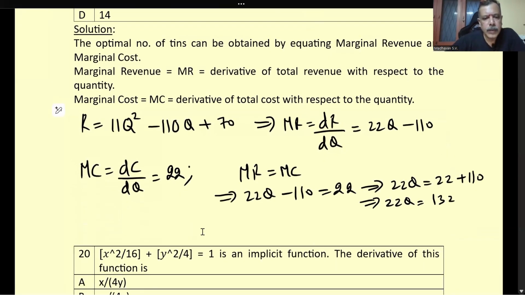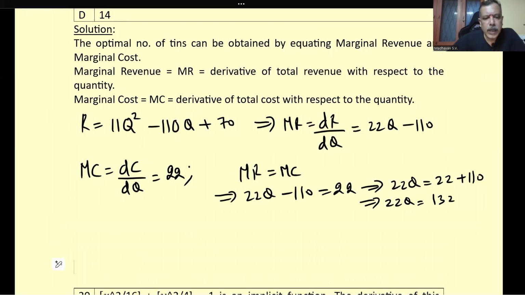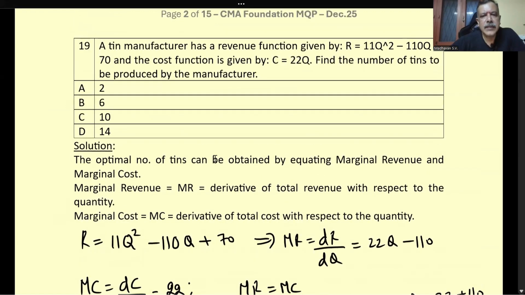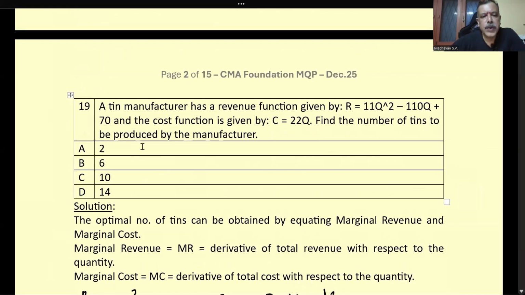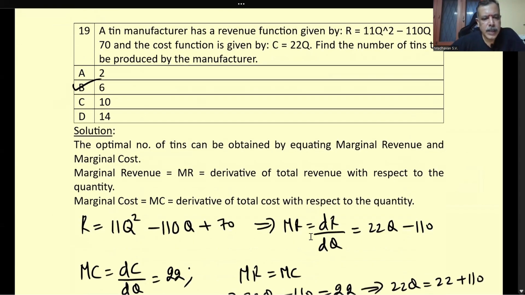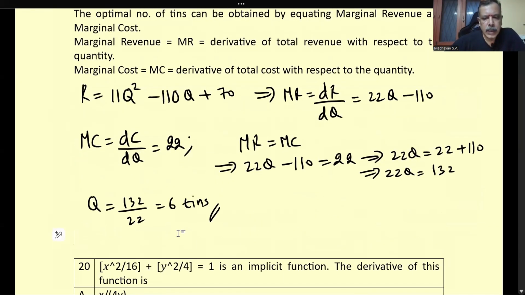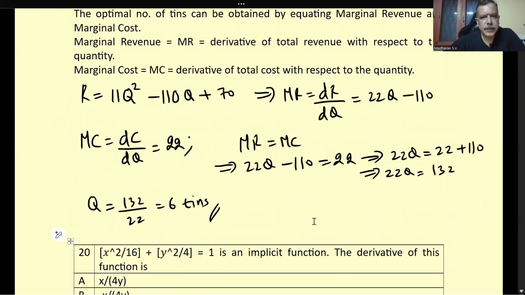So therefore, the optimal Q will be 132 by 22, which will give you 6. That means 6 tins is the optimal number of tins. Find the number of tins to be produced, that is 6. That means option B is the right option. Let us move on to the next question.